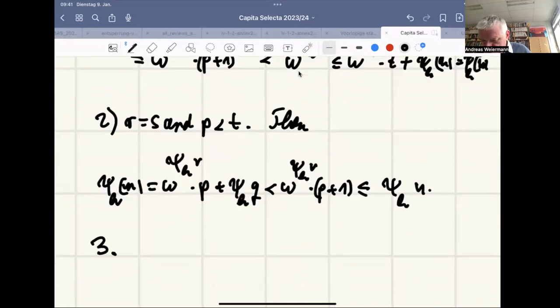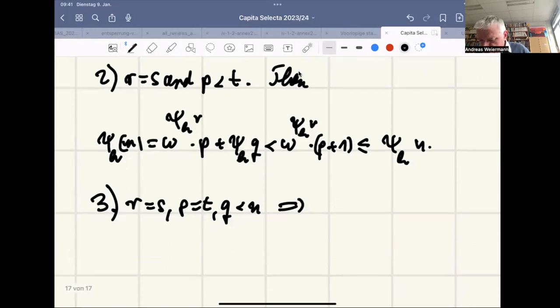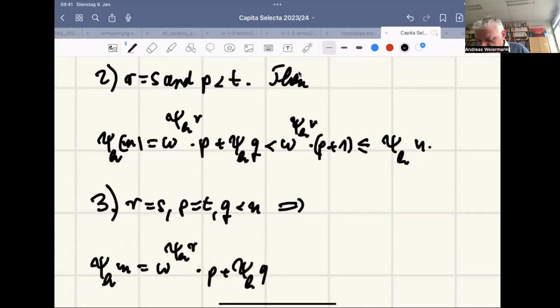Third one: r is equal to s, p is equal to t, q is smaller than u. Then ck of m, omega to the ck of r times p plus ck of q, is smaller than omega to the ck of s times t plus ck of u.